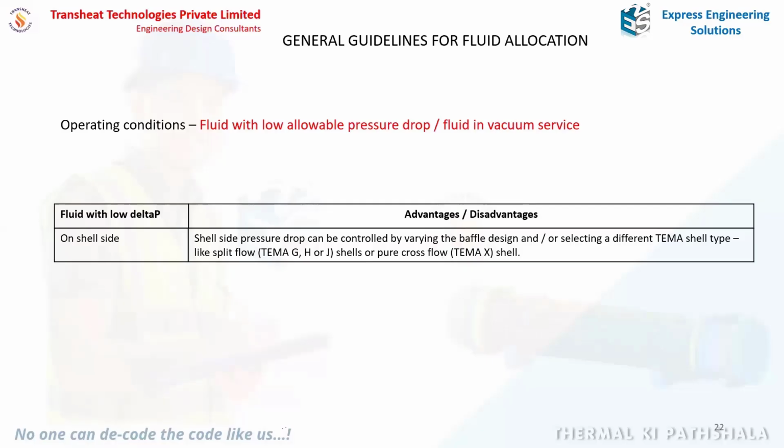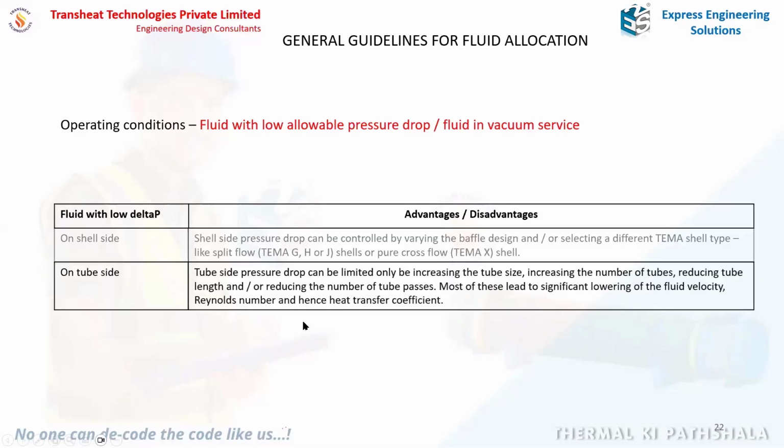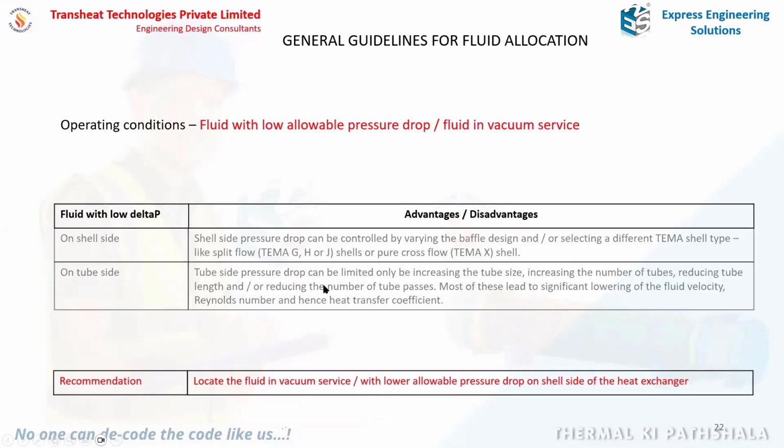Like if you select an X type shell or a split flow shell, then you can control the pressure drop on the shell side. On the tube side, your pressure drop control is only based on the tube diameter or the number of passes. So the recommendation is always to have the low pressure fluid on the shell side of the unit.